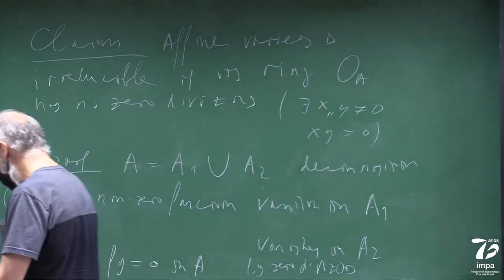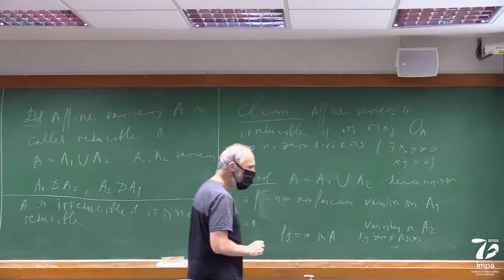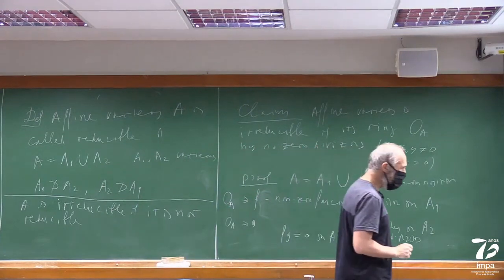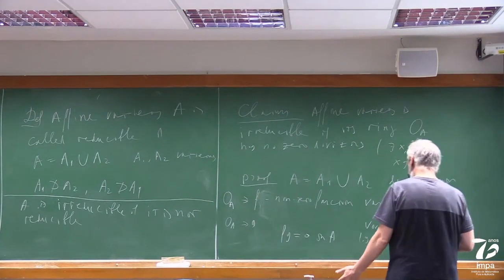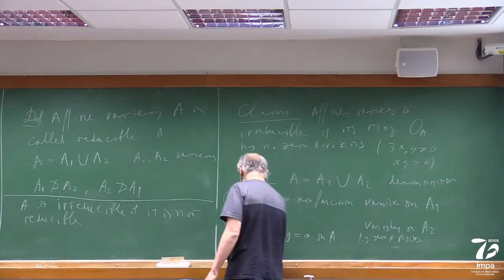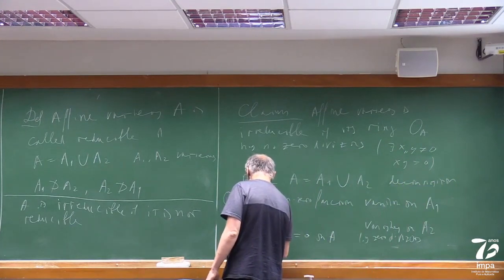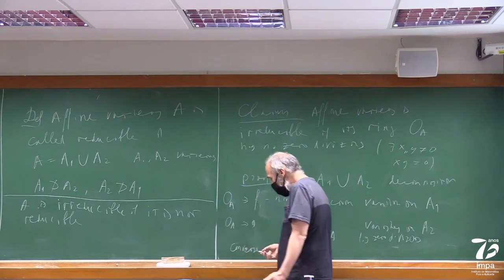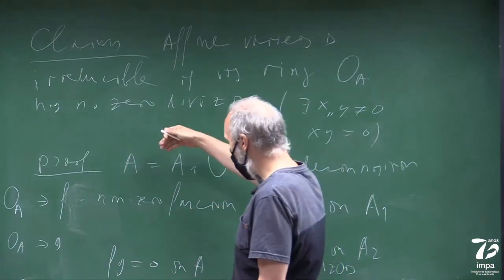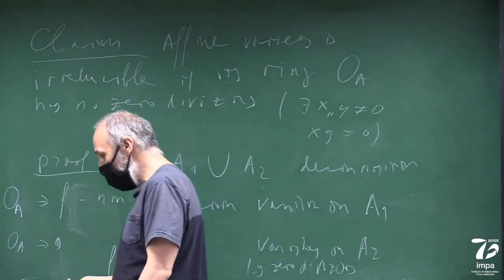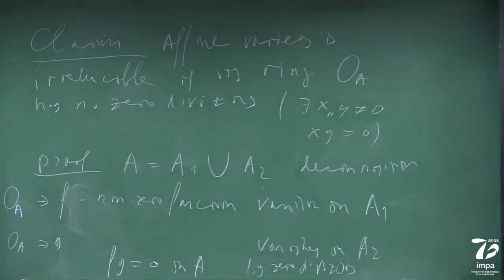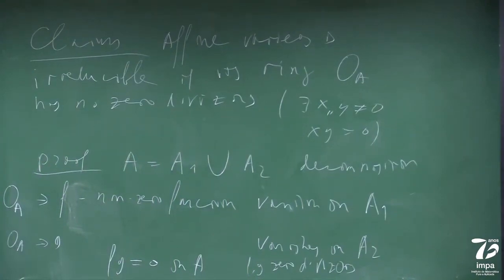Okay, conversely, suppose we have fg equals 0. As you see, I prove that A is irreducible if and only if there are no zero divisors, equivalently, that A is reducible if and only if there are zero divisors.